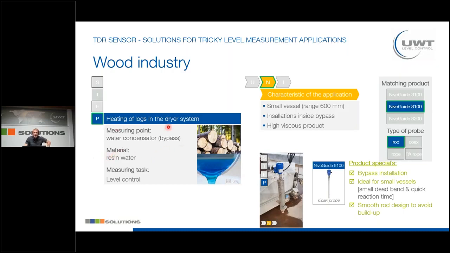This came from the heating of the logs in the dryer system, and we get this resin water. And we installed the Neo guide 8100 here, not with a coaxial probe, but it has the effect of this coaxial probe in such a bypass, and it worked perfectly. The customer was very satisfied.